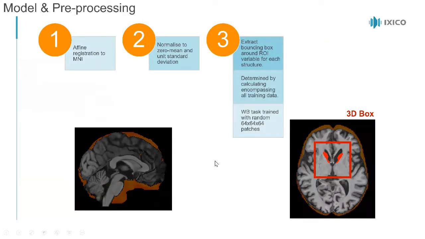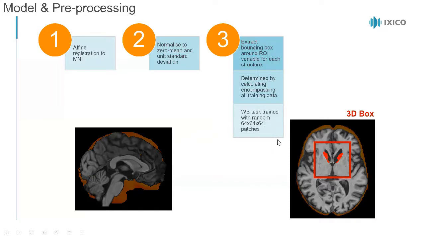The next step is to extract a bounding box around the ROI. Obviously this box varies in size depending on the structure and depending on the task. So the lateral ventricle input field is bigger than the caudate, for instance. And also for the data trained in native space, the ADNI data, the bounding box is much bigger because the head is not rigidly registered to the same space.